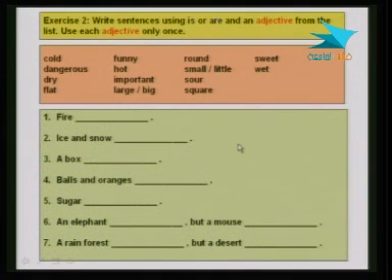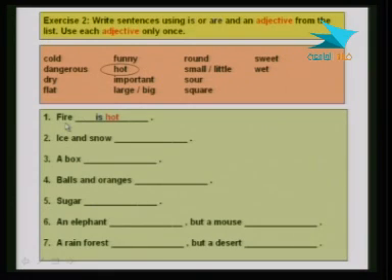All right, we'll start. Number one, fire. You know what fire is? Is it hot or is it cold? Of course, it's hot. So this is the adjective that we select, because fire is always hot. Fire is hot. And notice the verb be agrees with the form of the subject.